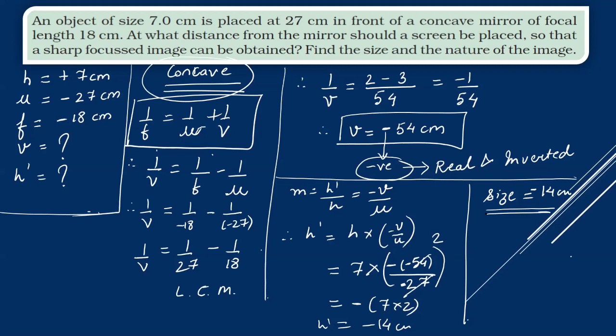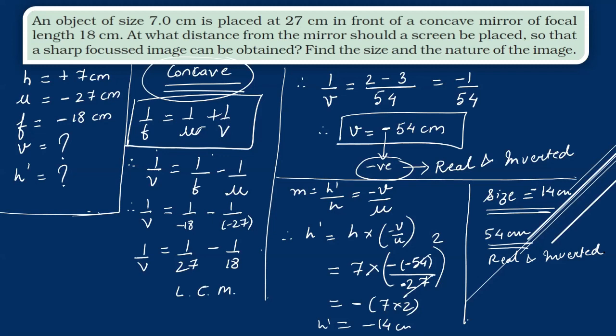So at the end you have to give an entire conclusion of this entire situation. You should say that the image is formed at a distance of 54 centimeters in front of the mirror. The nature of the image is real and inverted. Or you can write it this way, that the negative sign tells us the nature of the image is real and inverted.